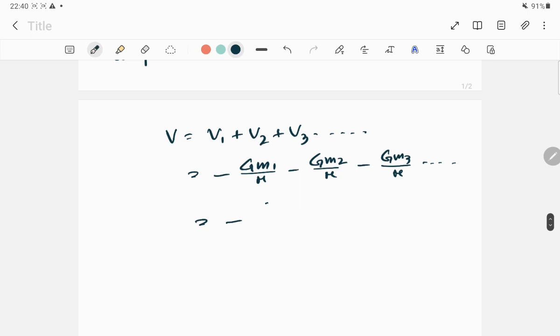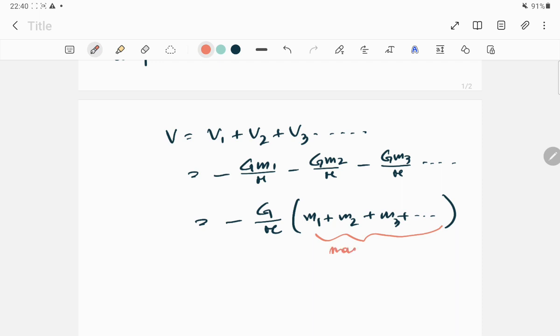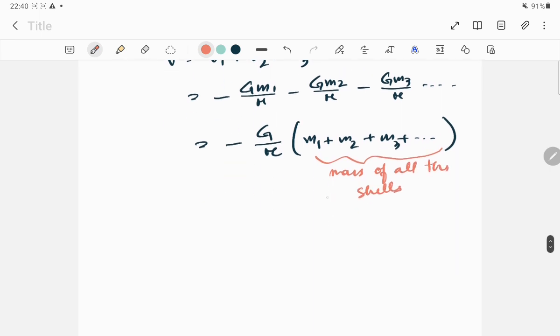Finally, G by r is common, so m1 plus m2 plus m3, like that. This is nothing but the mass of all the shells together, which make the solid sphere.